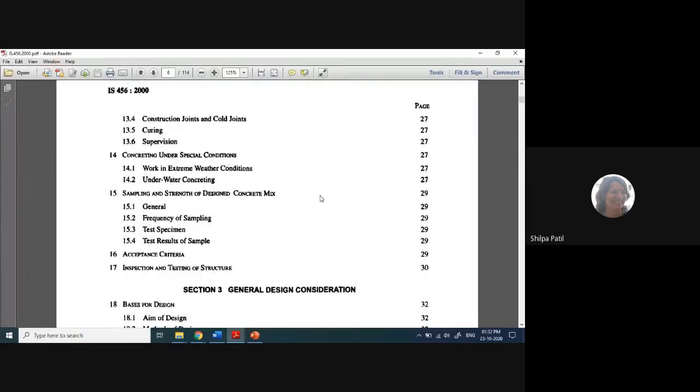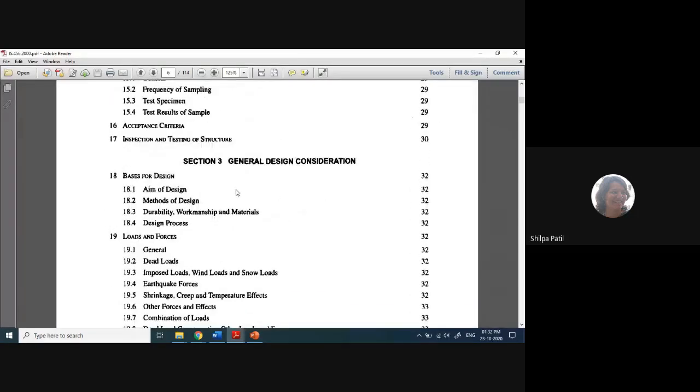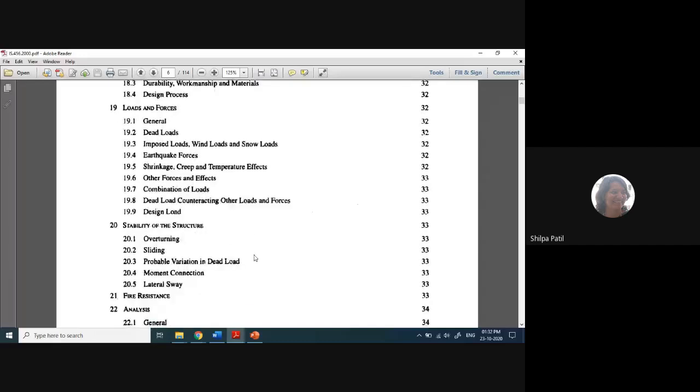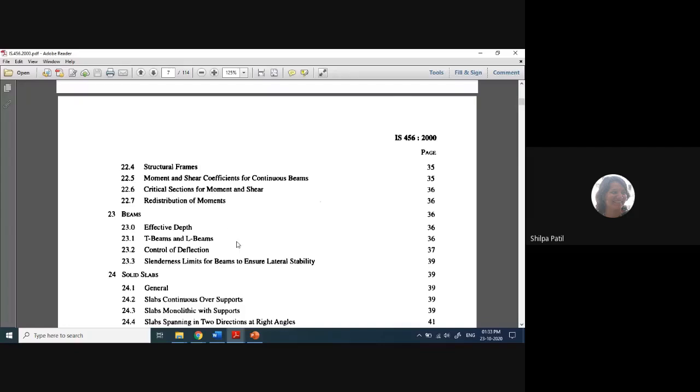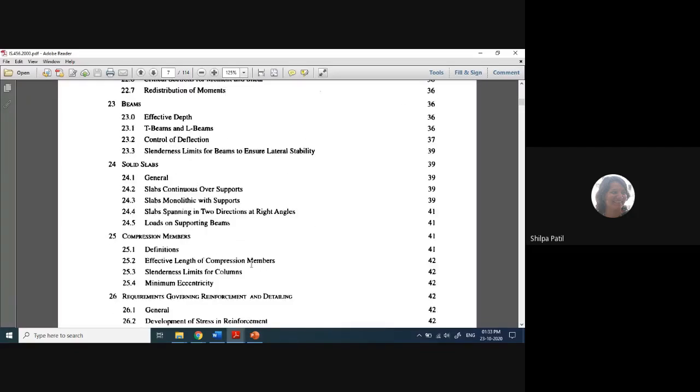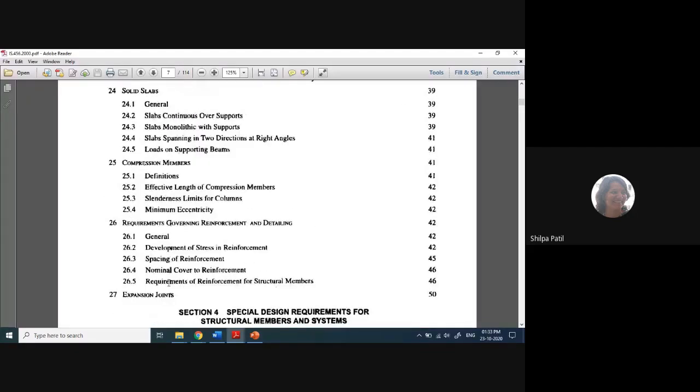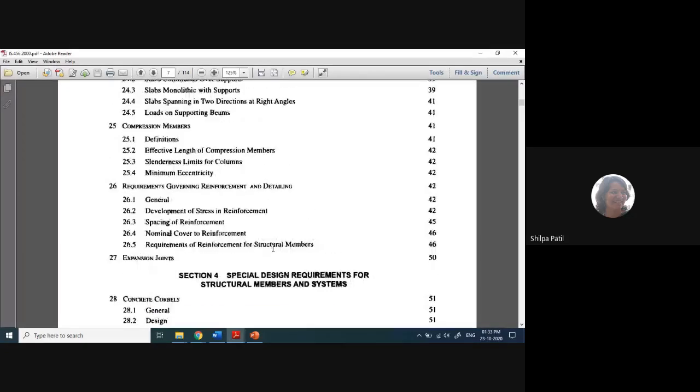Section 3, general design consideration. Here the minimum reinforcement clause must be there somewhere. Requirement of reinforcement. Okay, somewhere here. Minimum eccentricity slabs.